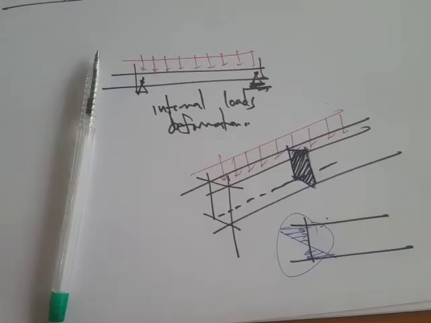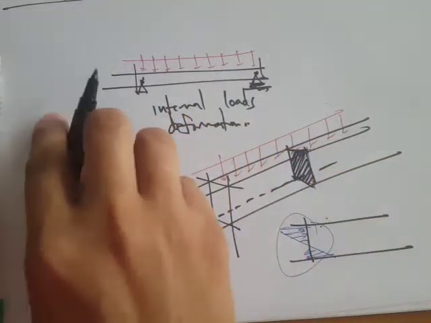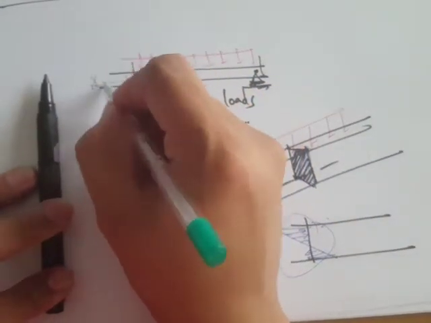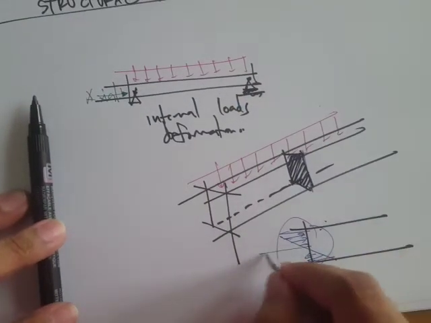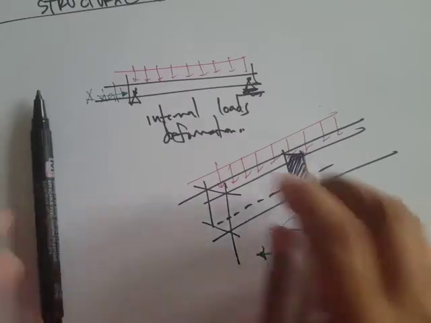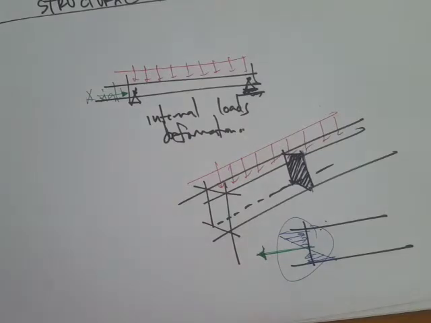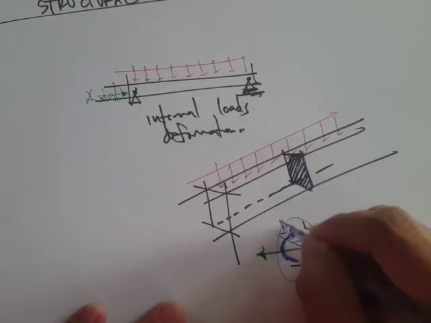Another reaction would be, for example, if we have forces right here, let's say we have an external axial force. If we have an external axial force, then we'll have some internal axial force. This one we can probably just draw like this, internal moment, instead of distribution.